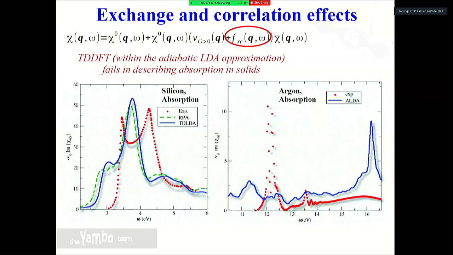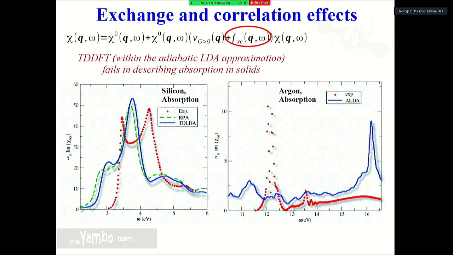So let me start again stressing this point, which you have already seen in the lecture of Fulvio. So this was the end also of my linear response lecture. So we had this Dyson equation for the response function within TDDFT, the TDDFT kernel, which fails completely in getting the optical absorption of silicon and even worse in the case of solid argon.